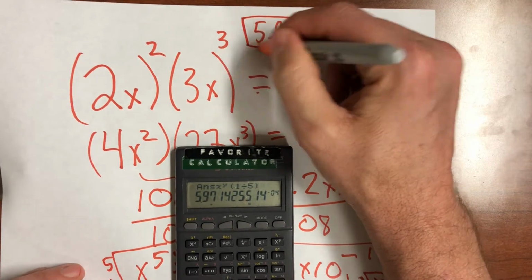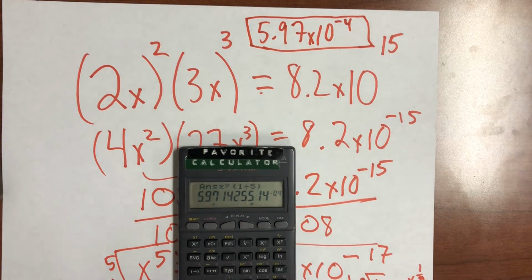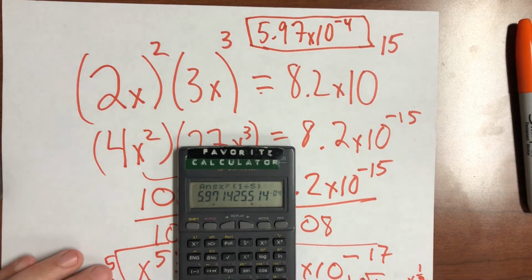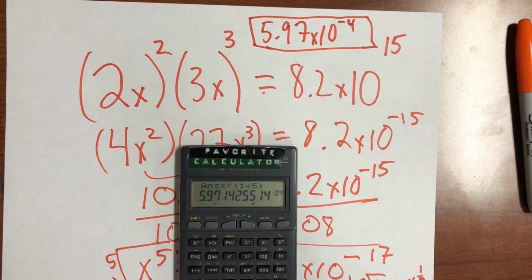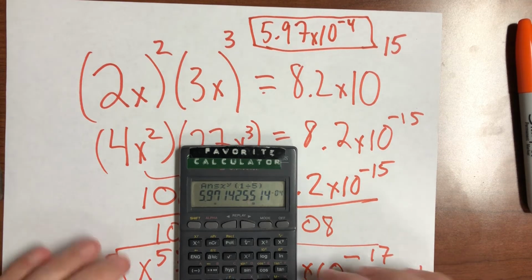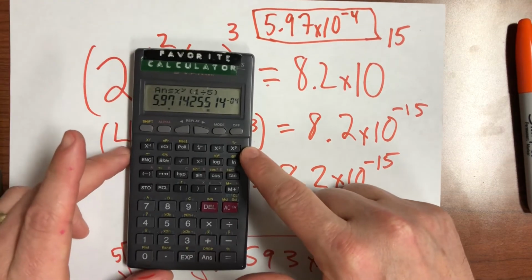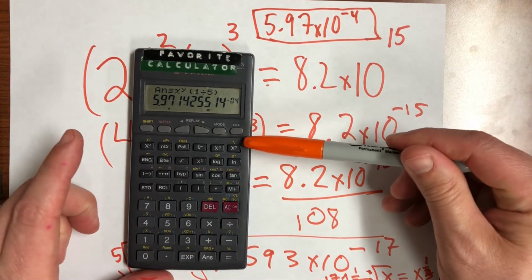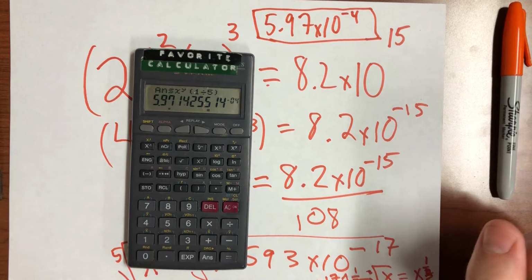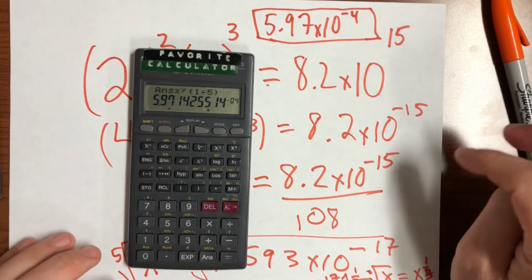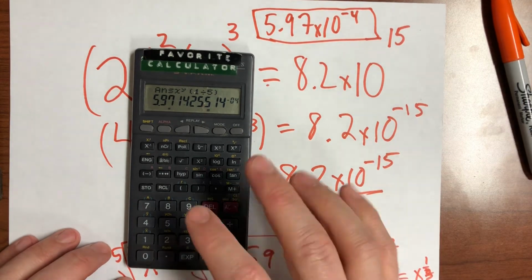So, like I said, there are other ways to do that as well. There is the arbitrary root button, and that button is the shifted form here. It says x square root there. And so the way that you would use that button is you would tell it which root you wanted to take.